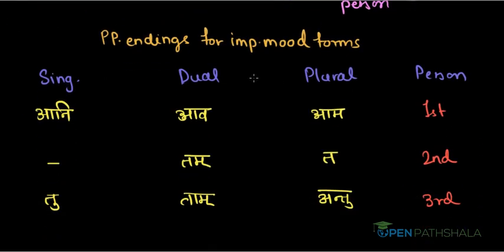These are PP endings for imperative mood forms. They are ani, ava, ama for first person, zero, that is, there is no suffix, no ending as such, tam, ta for second person, tu, tam, antu for third person.